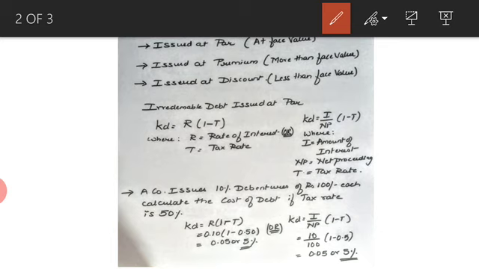So 0.1 into 0.5 gives you 0.05, which is 5%. It is similar to this particular formula. So whether you use this formula or this formula, you get the same answer. So this is your cost of irredeemable debt issued at par, means at the face value.